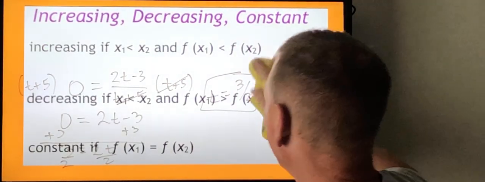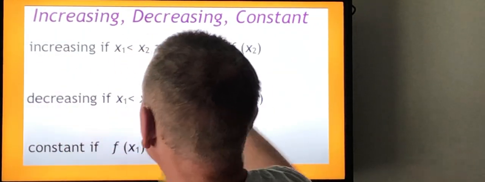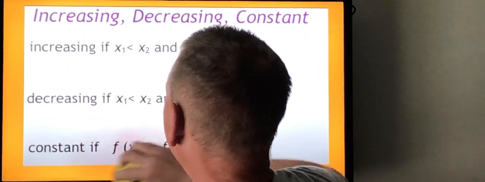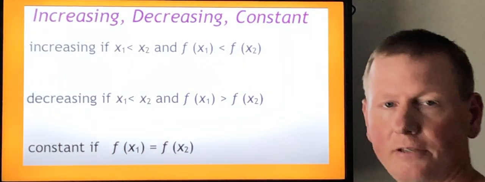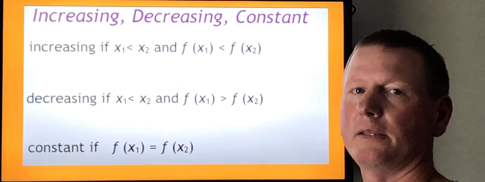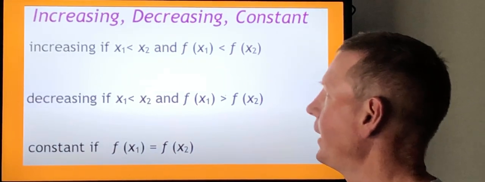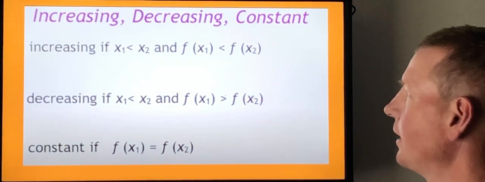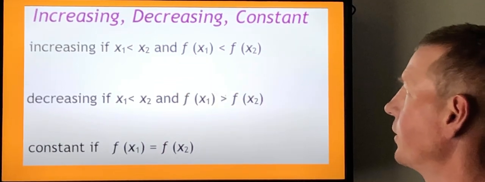Okay, let's go ahead and erase that. And now let's kind of talk about our last objective here, and that is identifying increasing, decreasing, and constant intervals. That's basically describing the graph or describing the function. So the first scenario, increasing means if as x increases, then y is also increasing.